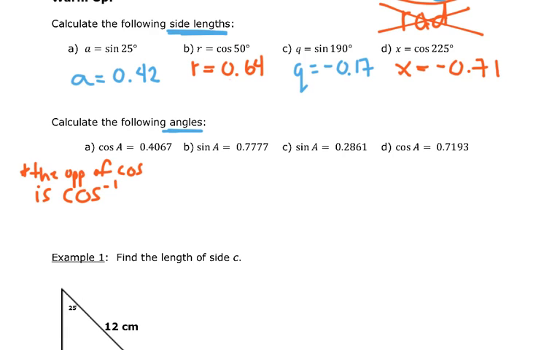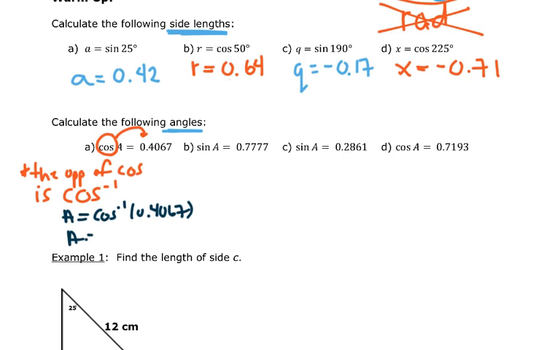So when we want to take a cos and remove it to the other side, it becomes the opposite. And the opposite is going to be cos negative 1. So when we rewrite it, we've got an A left on this side equals, we're going to change this to cos negative 1 of 0.4067.